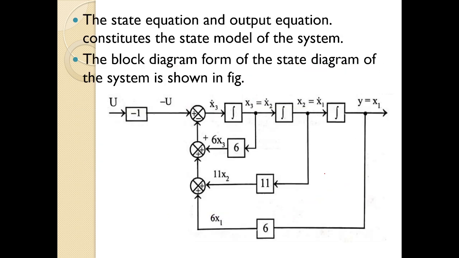Okay. Now we have to design the block diagram. In order to design the block diagram, there is a very simple way: you just take the state equations and design the block diagram from them.